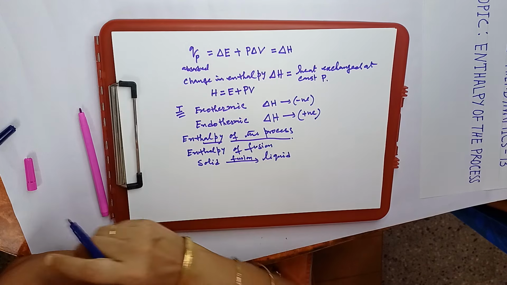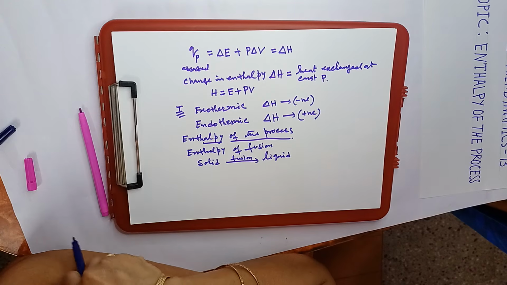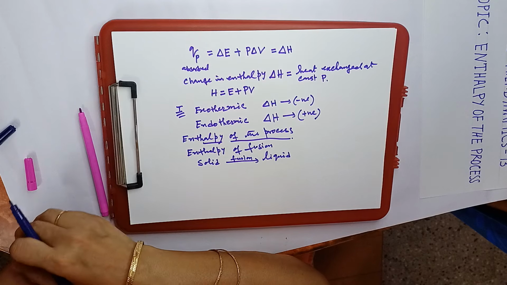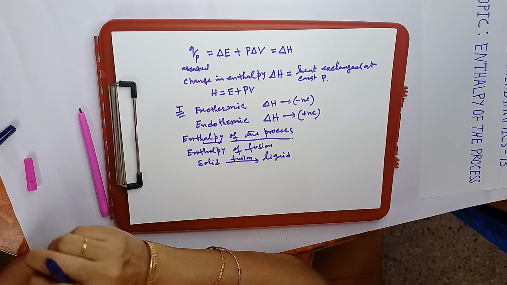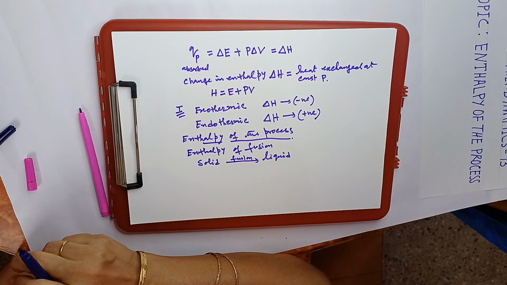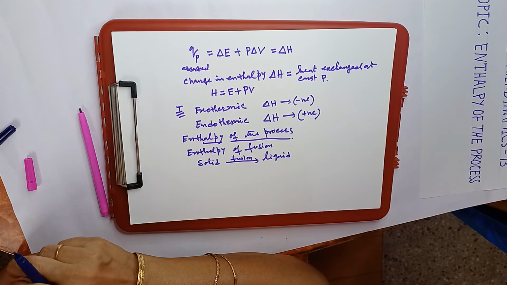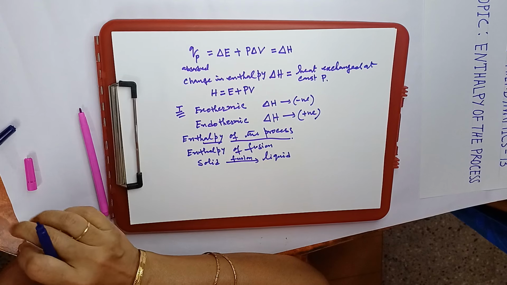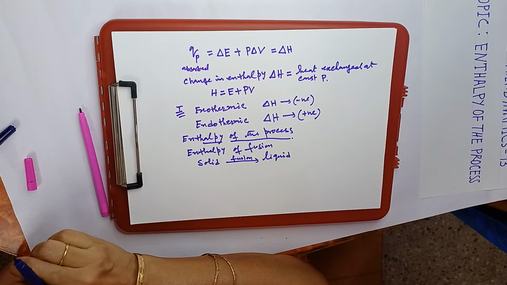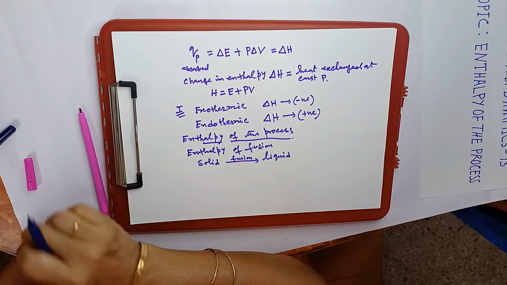You know, for any state change, solid to liquid, liquid to gas, or gas to liquid, whatever it is, it occurs at a fixed temperature. During the state change, temperature does not change. So these processes are isothermal. Temperature remains constant during the state change.